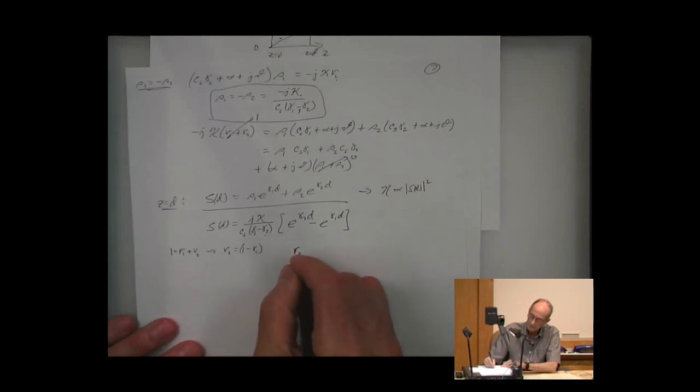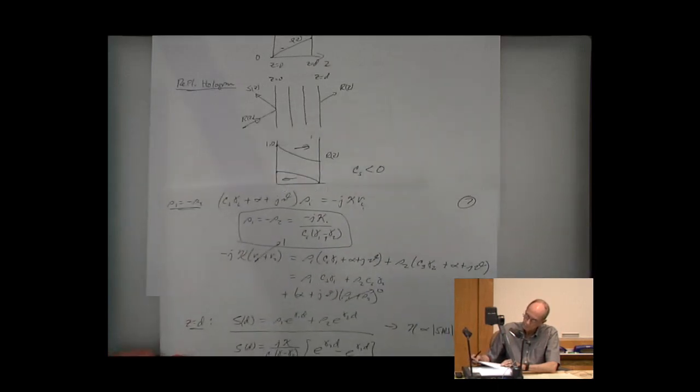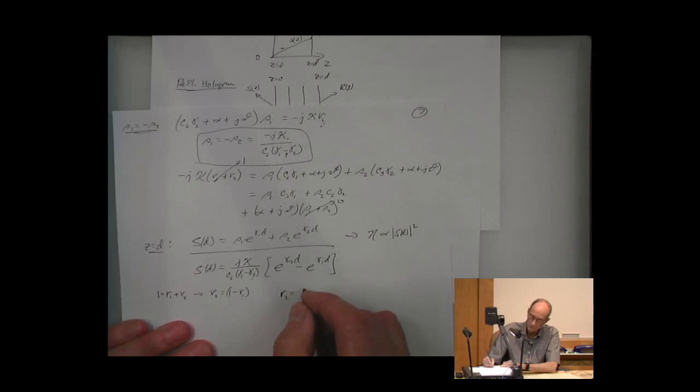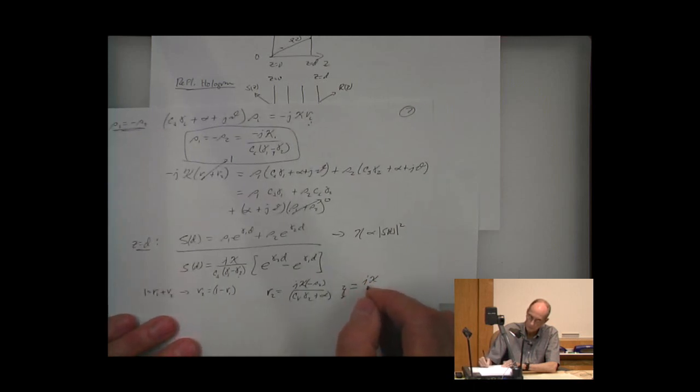But R2 is equal to, again, using that same equation that we started with, this equation here, R2 is equal to J times kappa minus S2 over C sub R gamma 2 plus alpha, and this is equal to J kappa over C sub R gamma 2 plus alpha times J times kappa over C sub S gamma 1 minus gamma 2, subbing in for this minus S2.